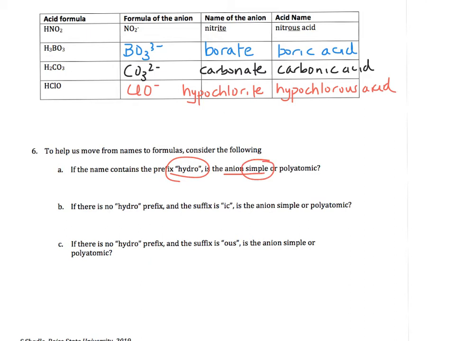If there is no hydro prefix and the suffix is ic, that means that the polyatomic ion was present, and whatever it is going to end in ATE. Likewise, if there's no hydro prefix and the suffix is OUS, that tells us it's a polyatomic ion that ended in ITE.